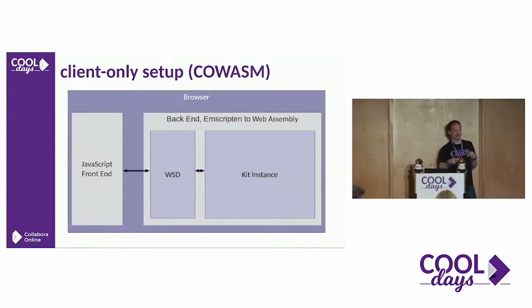So you have the JavaScript front end and the back end in one browser tab running simultaneously. That's existing, that's working. That's using the tiled rendering versus this Qt5 canvas rendering. So those are the two ways to get pixels on the screen.